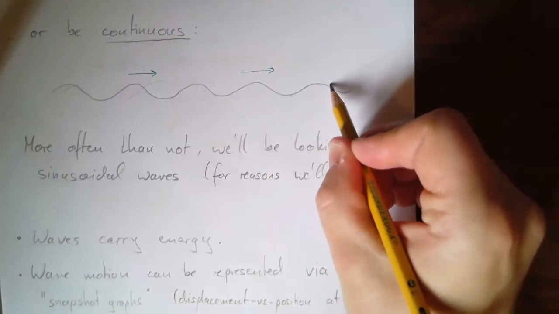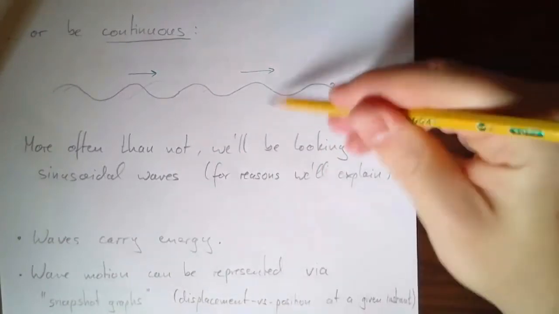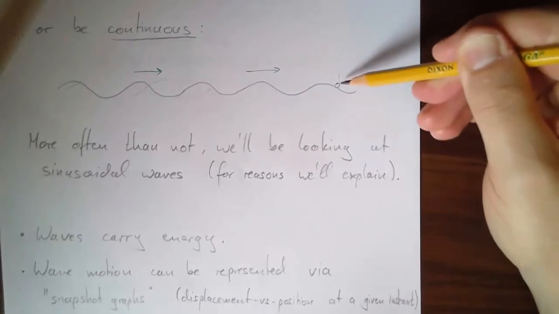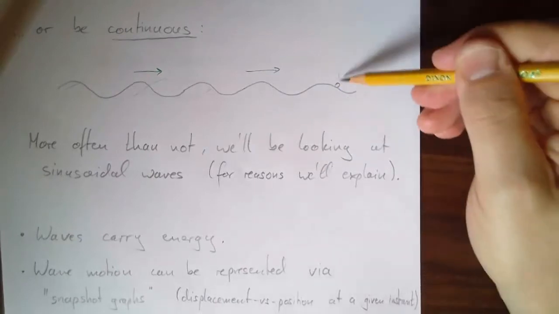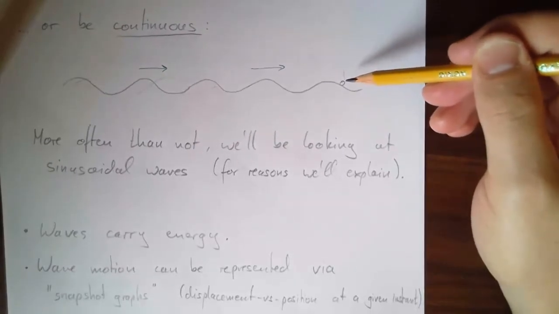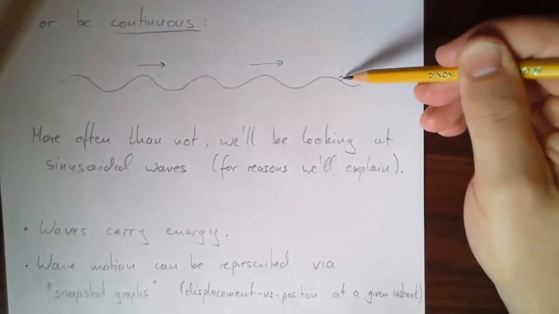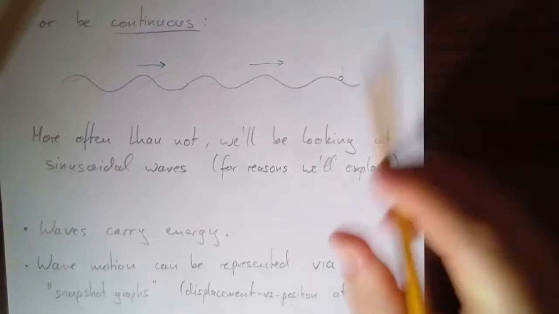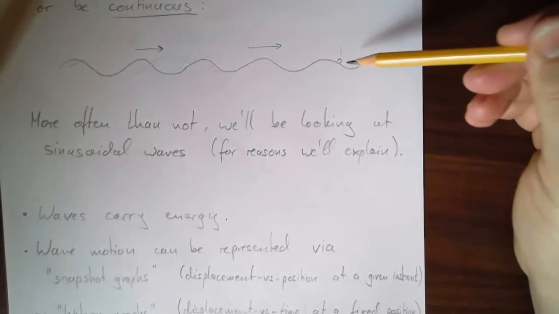So imagine you pick this point here and you put a rubber duck here, on the ocean water. The rubber duck is going to go up and down, maybe also left and right a little bit. That motion of the rubber duck you could represent as a function of time. What's the vertical displacement of the rubber duck as a function of time? That gives you what's called a history graph.